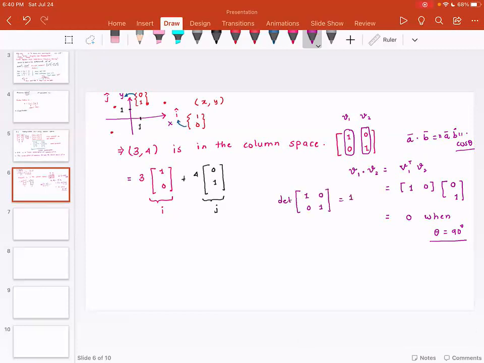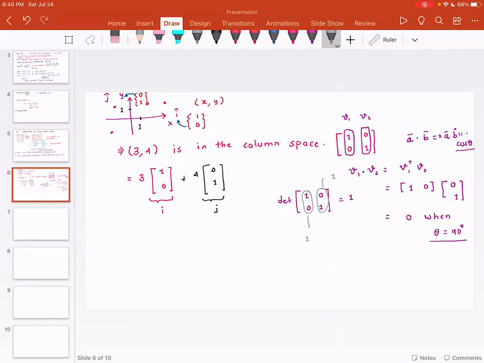If you were to find out the magnitude of the first vector, square of 1 plus square of 0, square root is 1, and square of 0 plus square of 1, square root is 1.